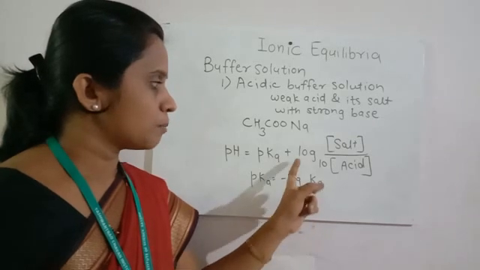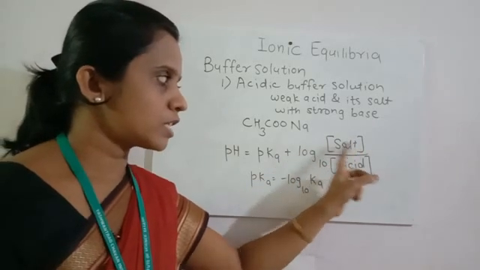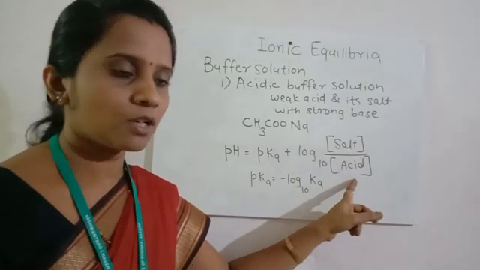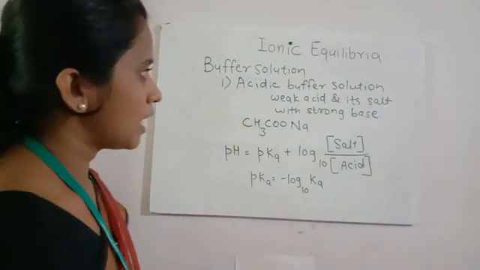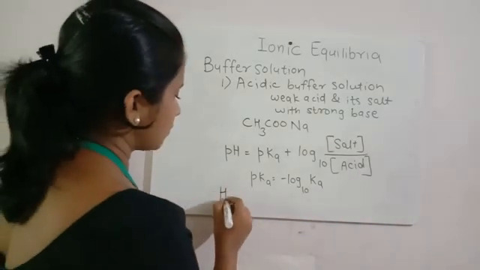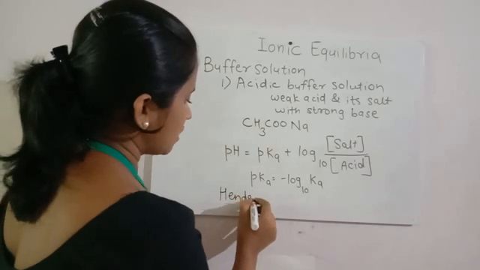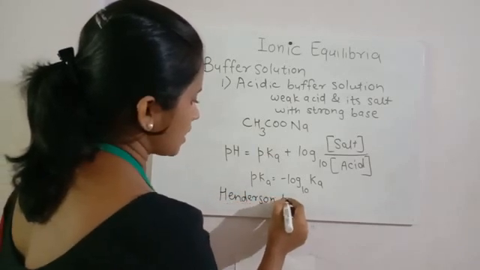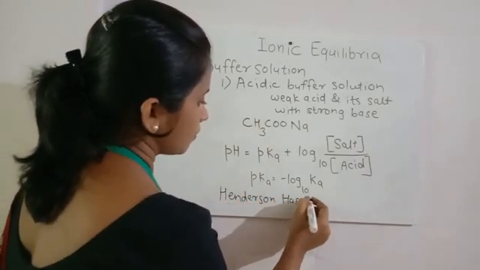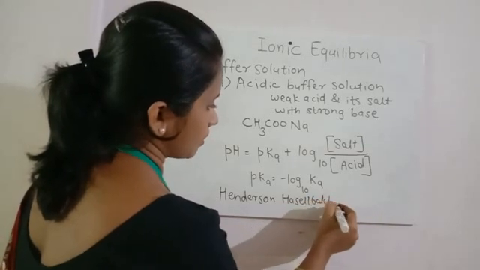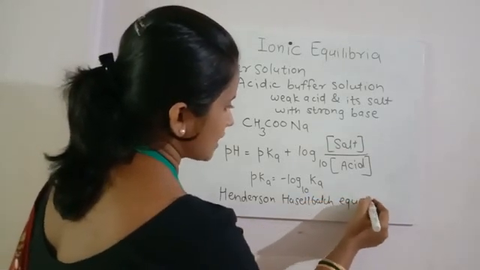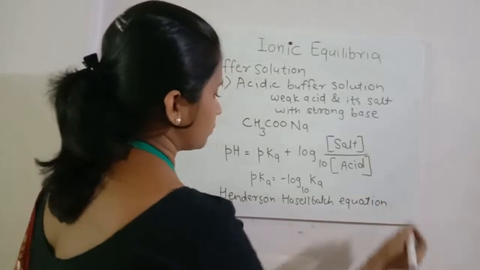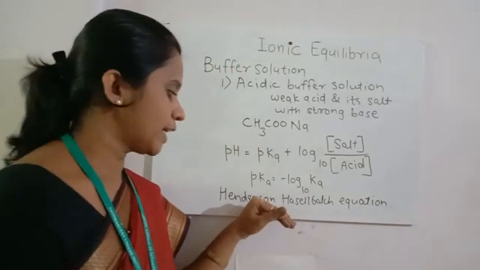So from this equation we can calculate pH of the acidic buffer solution. pKa plus log to the base 10 concentration of salt divided by concentration of acid, and this equation is called as Henderson-Hasselbalch equation for acidic buffer. Equation is called as what?